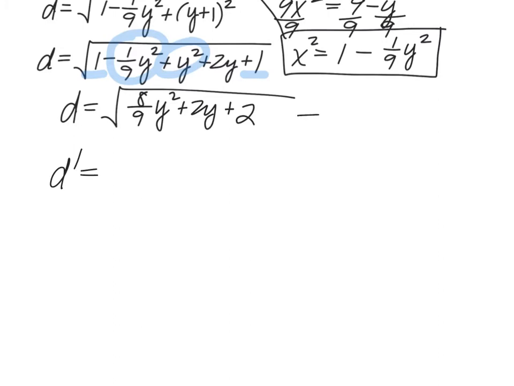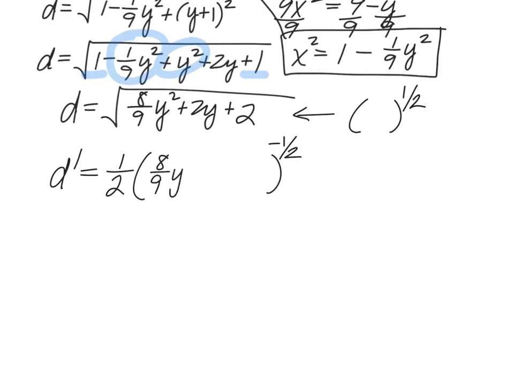Now notice this square root is really a function raised to the 1/2 power. So this is essentially a composite function, so we need to apply the chain rule. The derivative of a quantity raised to the 1/2 power will be 1/2 times the quantity raised to the negative 1/2 power. And then we have the original inner function, which is 8/9 y squared plus 2y plus 2.